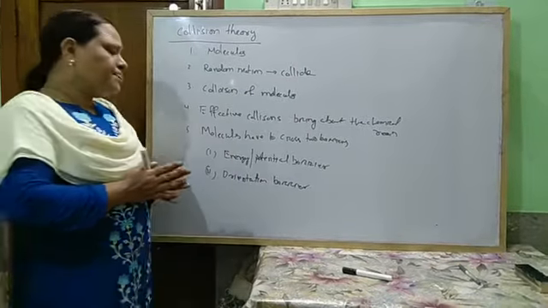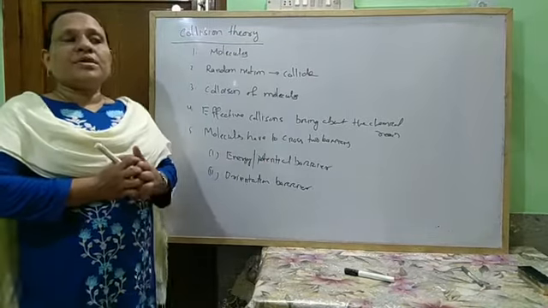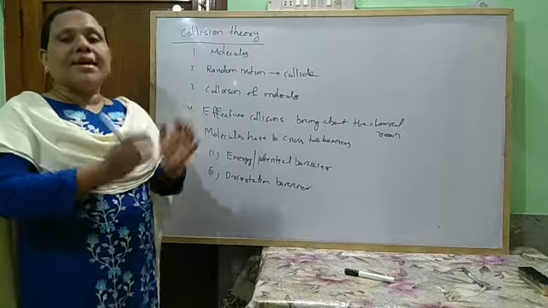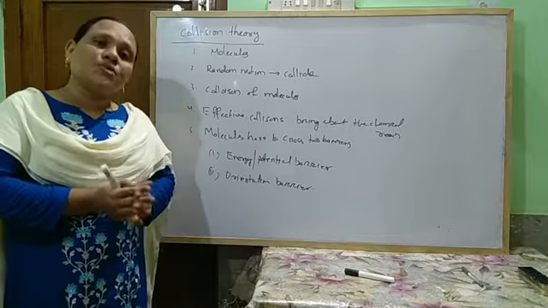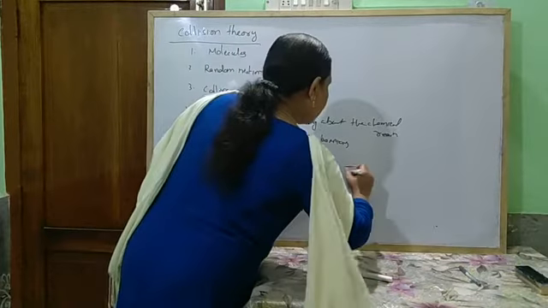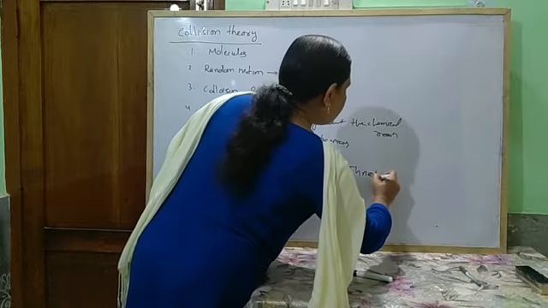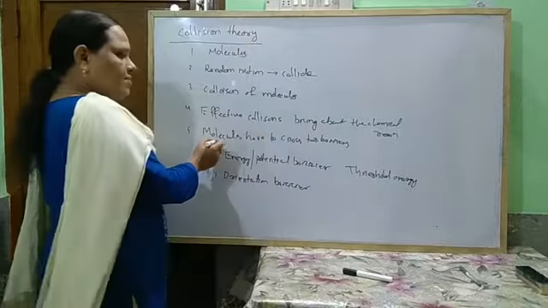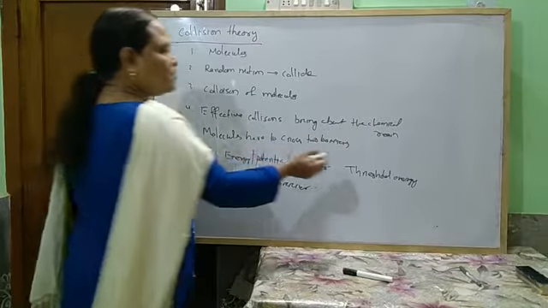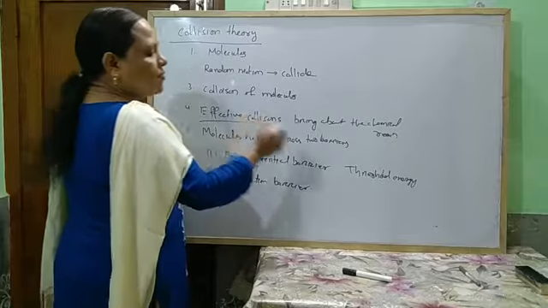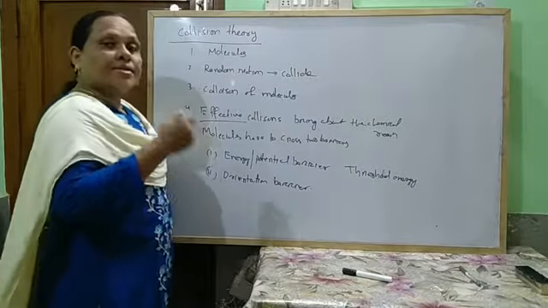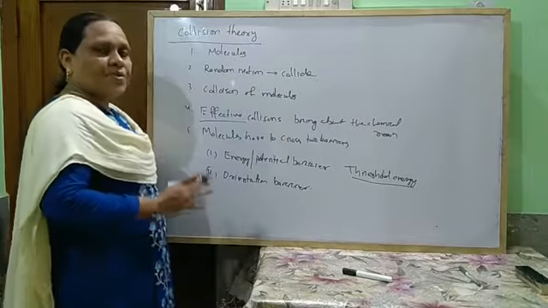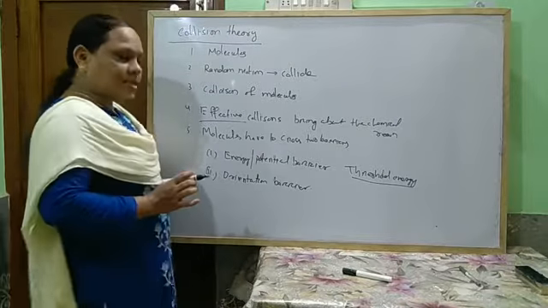Energy barrier means the molecules should possess a certain minimum energy at which the reaction starts, and that energy is called threshold energy. So all the molecules which bring about effective collisions should have energy greater than or equal to the threshold energy.